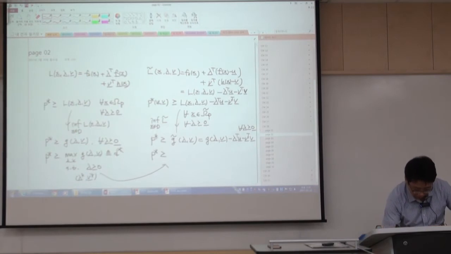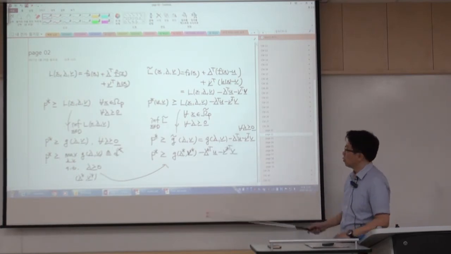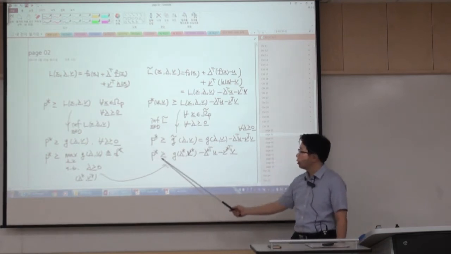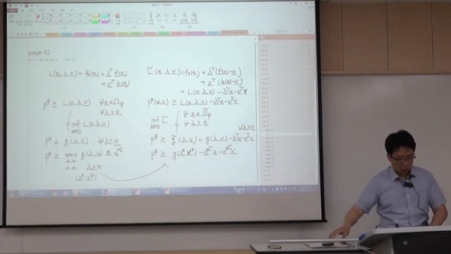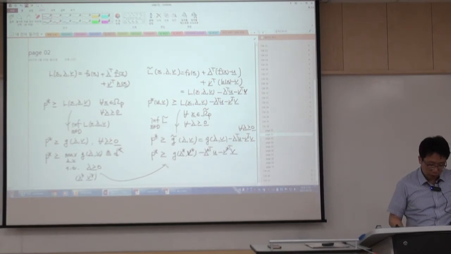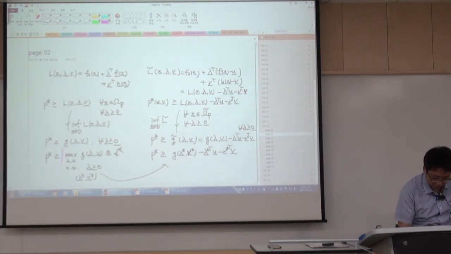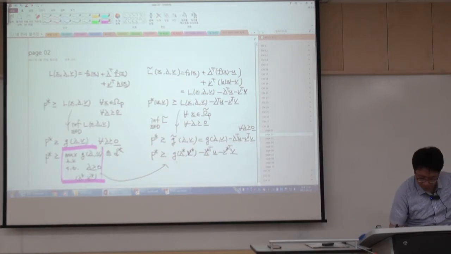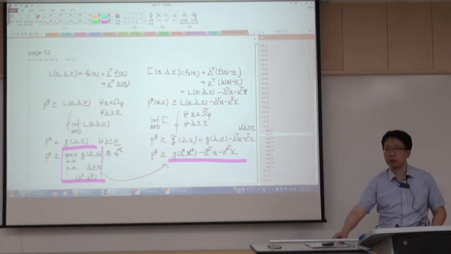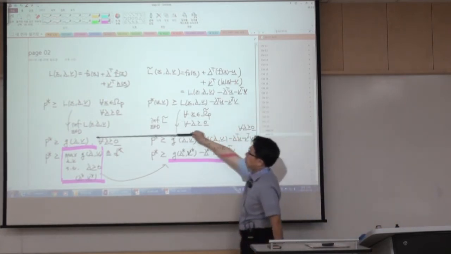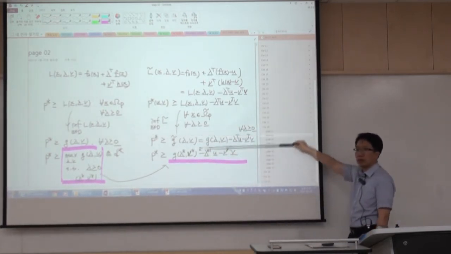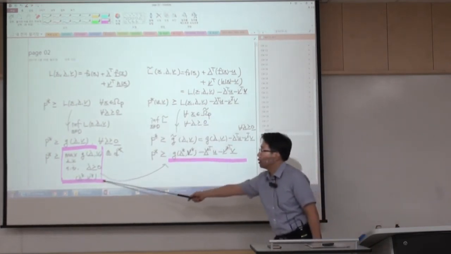So G of lambda star, nu star minus lambda star transpose U minus nu star transpose V. Am I right? So here goes the difference. We do not maximize our perturbed dual function. Okay, they are different. Up to here the procedures are all the same, but here it's different. We just plug this solution here.